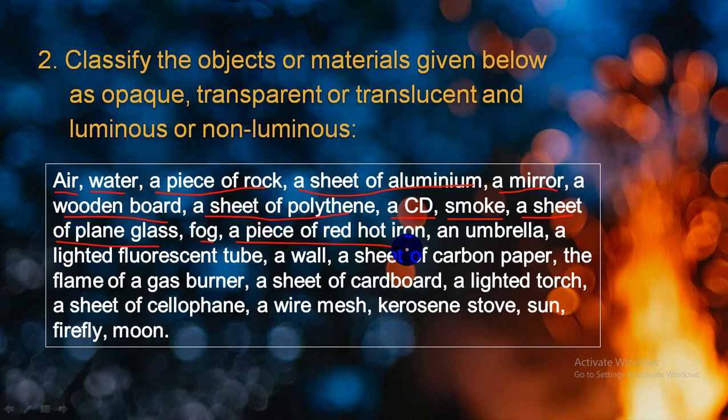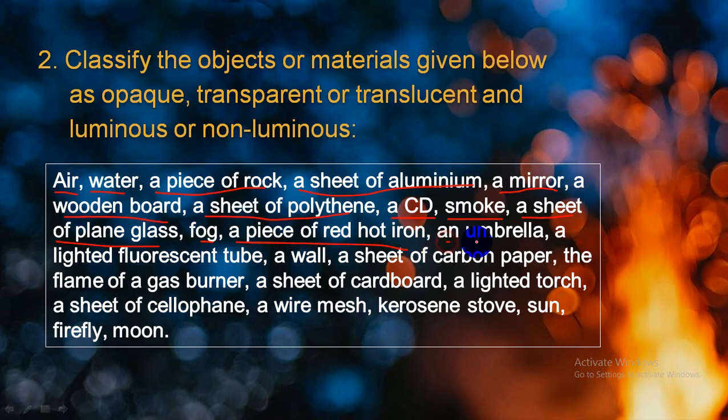It produces light and spreads it a little. If you heat the iron and take this iron rod into a completely dark room, you can still see the red hot iron. Hence it is considered a luminous and opaque object.